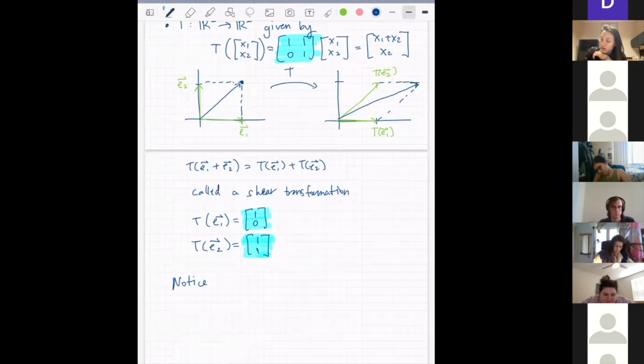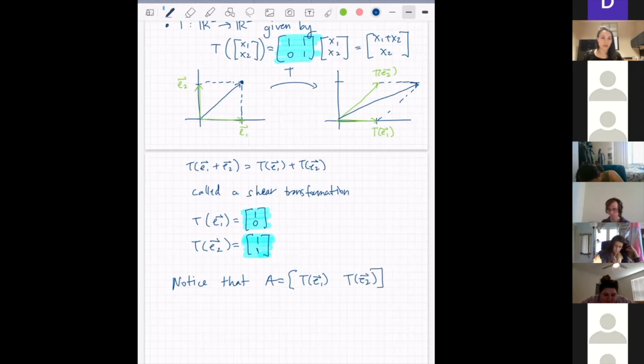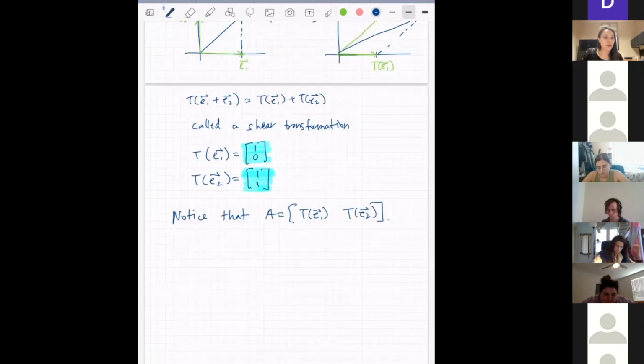So notice that if we look at the matrix A, we can form it by using the images of E1 and E2 as the columns, in these two examples. And this is actually the case if we define a linear transformation using a matrix, then this is what will happen, right? So we can write this down in a theorem.